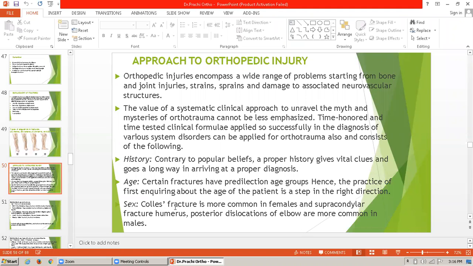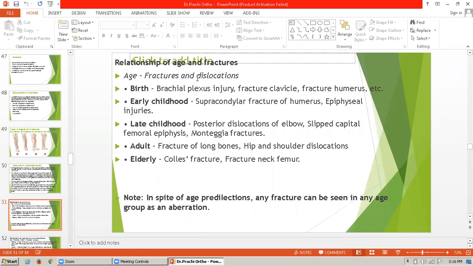Then sex: Colles fracture is more common in females, and supracondylar fracture of the humerus and posterior dislocation of the elbow are more common in males. Then the relationship of age and fractures.